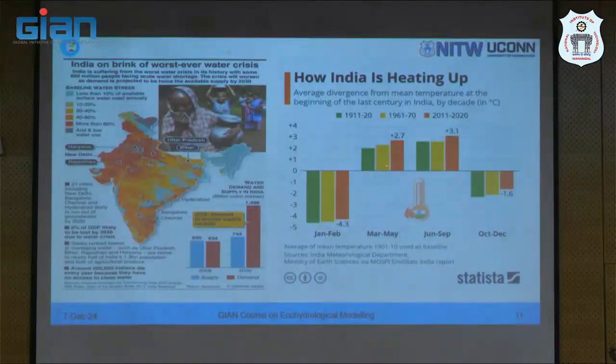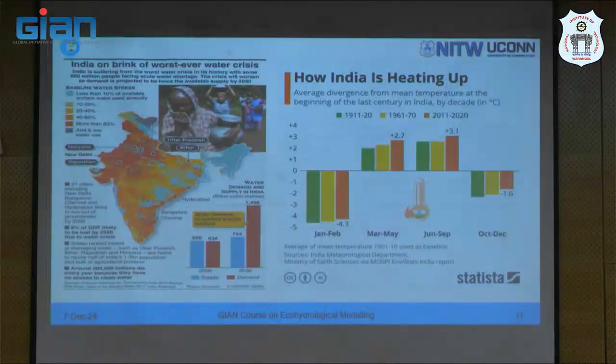Significant warming. As a child, I used to remember that Holi was the first time when you start to feel the warmth. And now it is much sooner than that. June, July, August, September, much warmer.